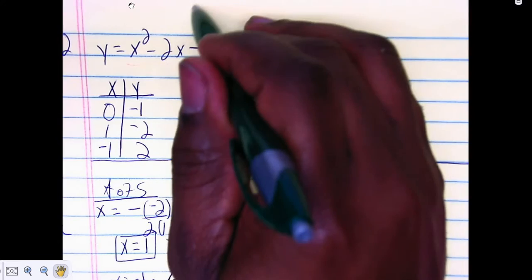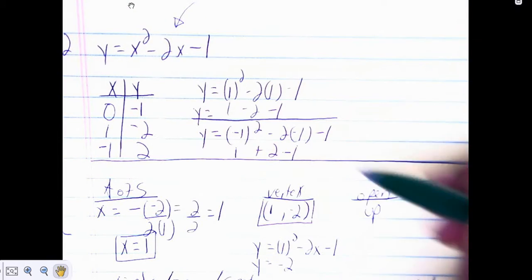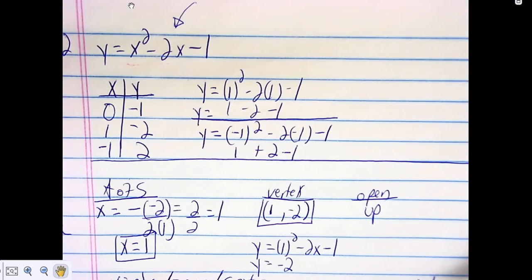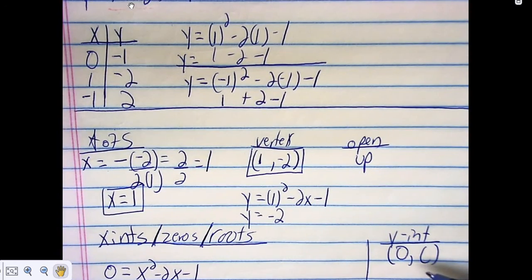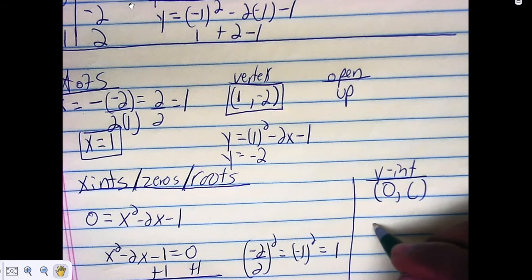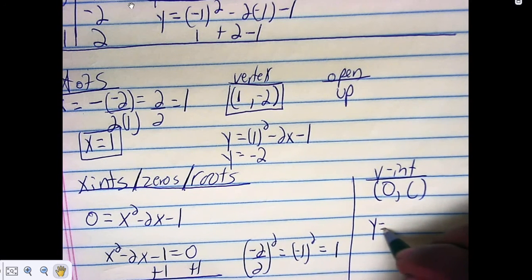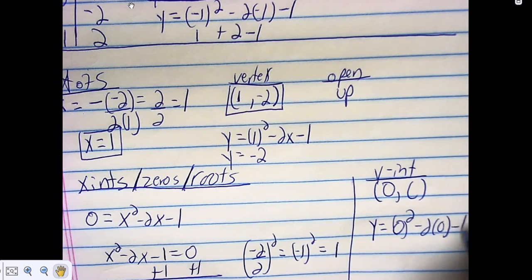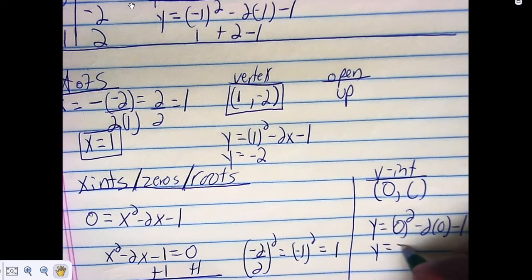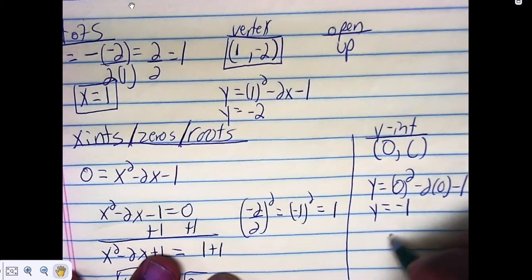If this is standard form, remember what your note said, if it's ever written like that, then you just write your y-intercept as 0, c. Or if you can't remember that, you put 0 in for x. So you put 0 squared minus 2 times 0 minus 1, and of course you get y equals negative 1. So our y-intercept is 0, negative 1.